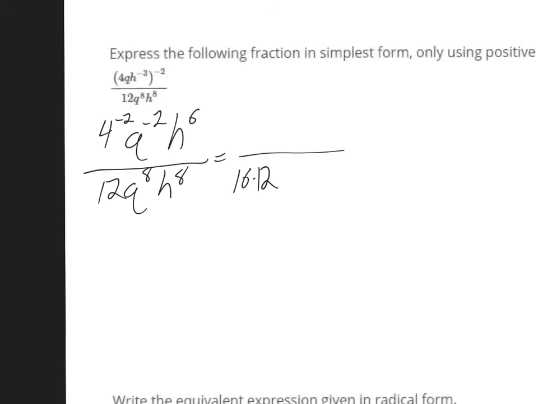I'm going to move this 2 down to the bottom, so 8 plus 2 is q to the 10th, and then that's a 1 on the top. The 6, so 8 minus 6, so that is h squared. Okay, so 16 times 12 equals 192, giving 1 over 192 q to the 10th h to the 2nd.